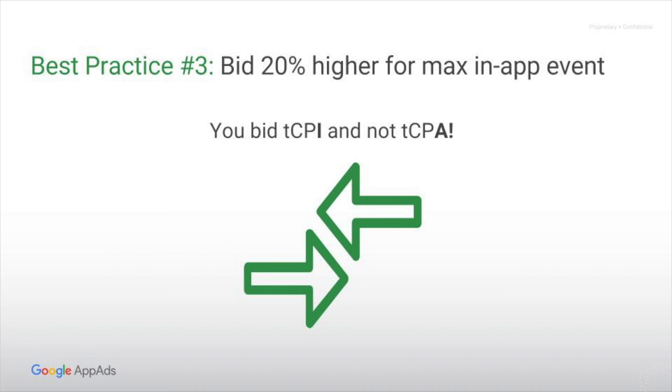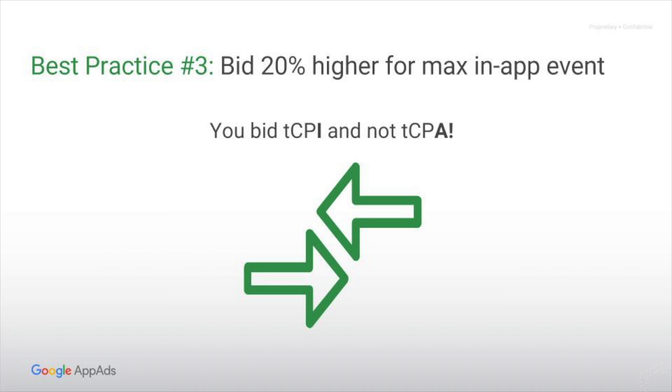We're basically making sure that we're finding you installs that are more likely to be users that will complete a certain action. For instance, if you were sending us the in-app event of completing level 5, our goal is to find you more users that are going to complete level 5. So our recommendation is to set your TCPI a little bit higher because these are more valuable users that are more likely to actually complete the action.